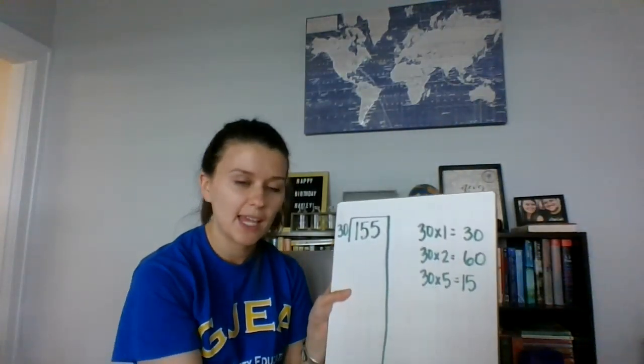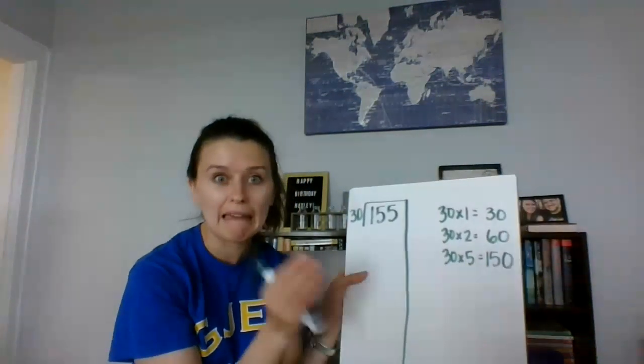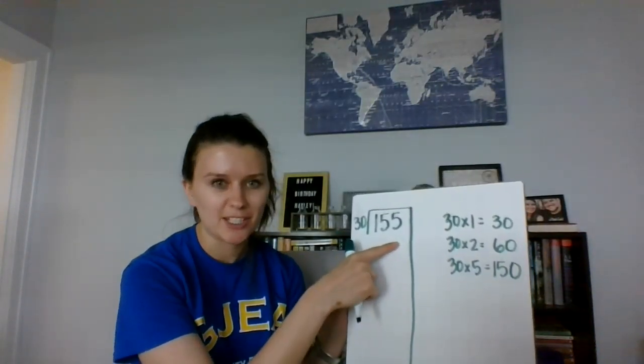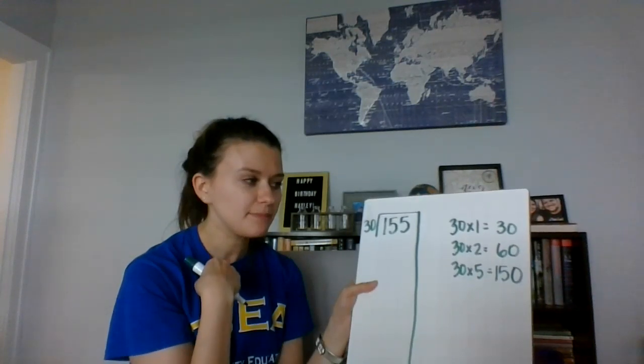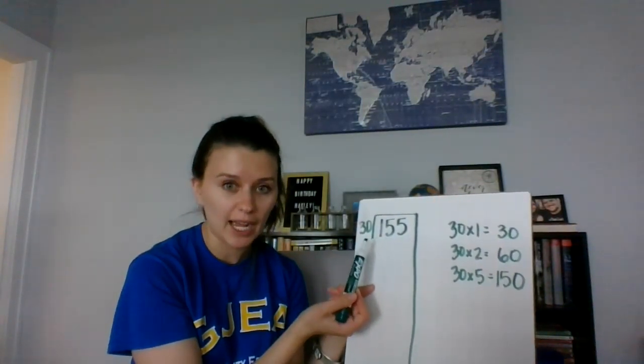And to make it 10 times bigger, I add the 0 from 30. Okay, I can already tell from this that I can't do anything bigger than 5 because I'm only starting with 155.